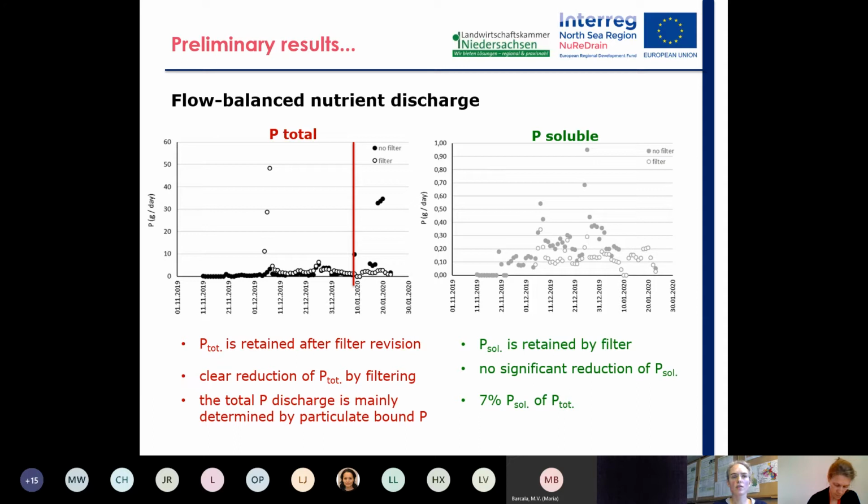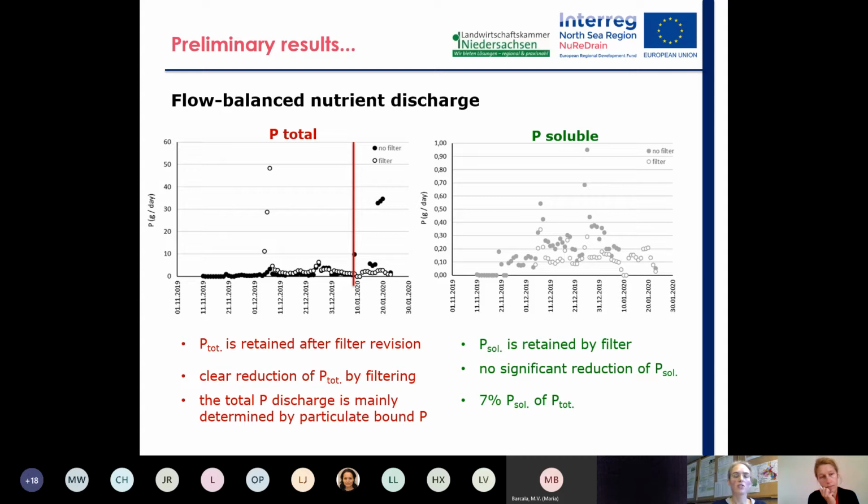Values for the flow balanced nutrient discharge for P total on the left side and P soluble on the right side indicate that. Unfilled symbols are for the filtered water samples, and black symbols, gray symbols, are for the unfiltered sample. So you can clearly see before filter revision, the filtered sample has higher P total values than the unfiltered one.